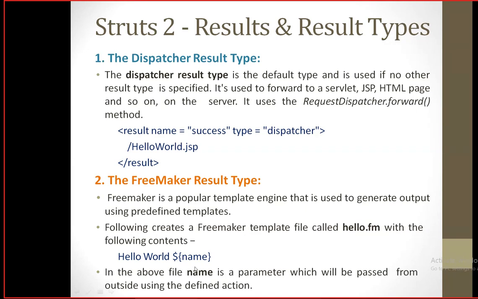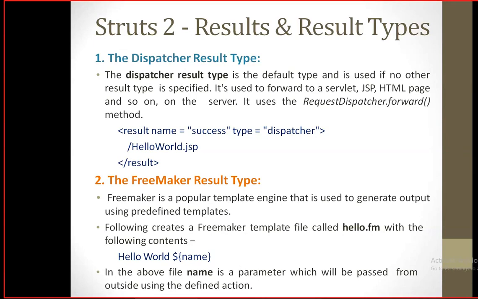If we have to write a FreeMarker .fm file, then we will write hello world, dollar, and in curly braces the name of the input field, that is name itself, right? So that whatever data is put in that field will be replaced in this template. Understood? So name is the parameter which will be passed using the action, whatever action class we have defined, and that will get replaced over here.